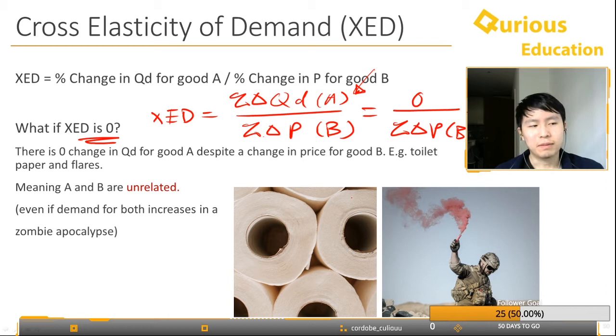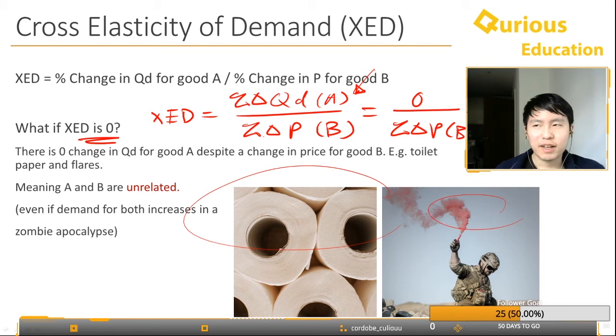So for example, if we look at toilet paper and flares, you're not going to buy more toilet paper because flares got cheaper. Or similarly, you're not going to buy more flares because toilet paper is cheaper. So in this case, the products are unrelated, they are not substitutes, and they are not complements. Therefore, the XED would be equal to 0.